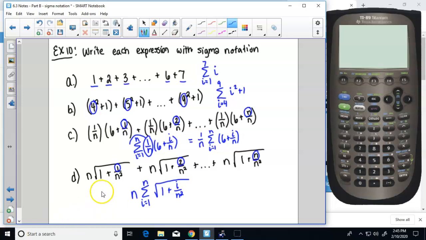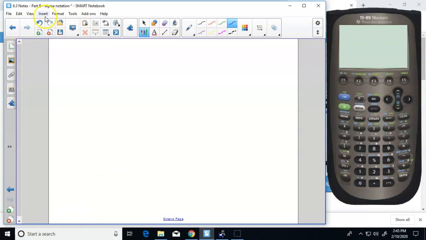Okay, so your assignment is going to be on page, make sure that's right. 299, numbers 1 through 20.